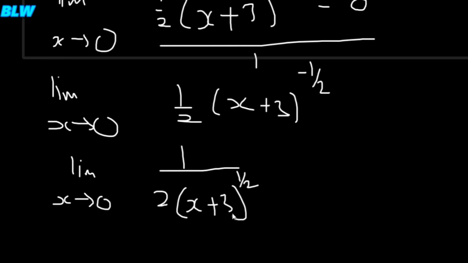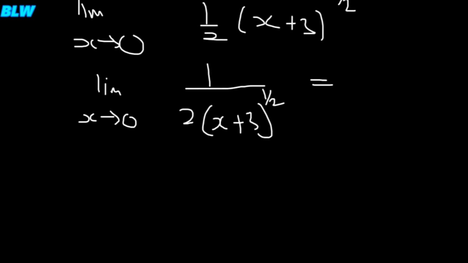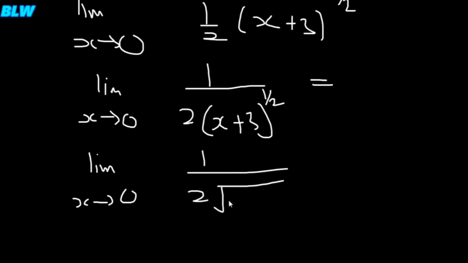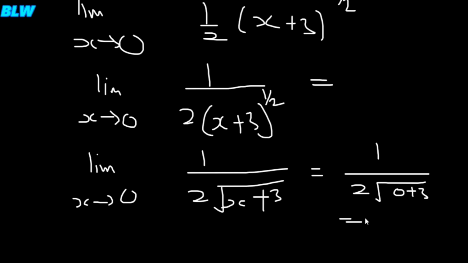And x plus 3 to the power half can be written as the root of x plus 3. So the limit as x approaches 0 is 1 over 2 root of (x plus 3). Now from here you can put in 0, so that will be 1 over 2 root of (0 plus 3), and this will give me 1 over 2 square root of 3.